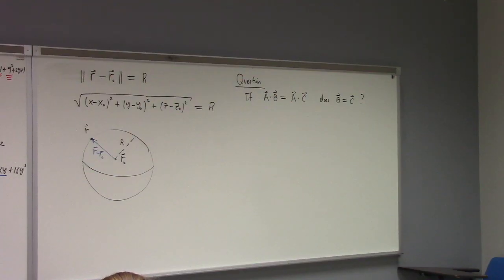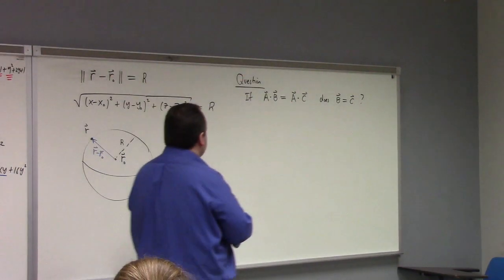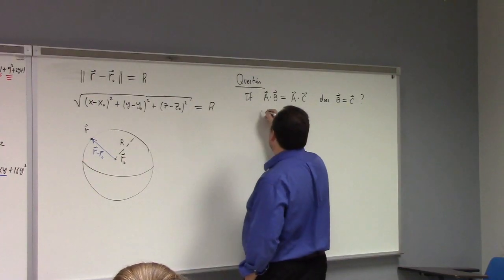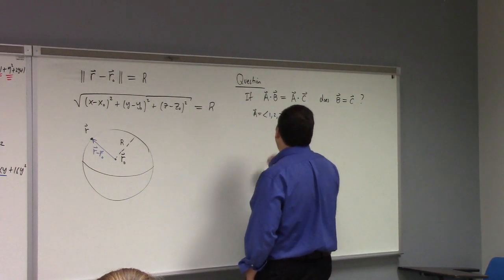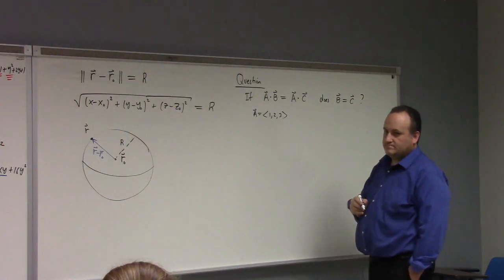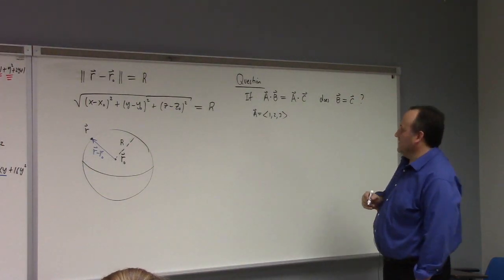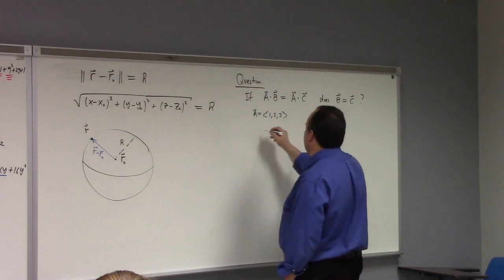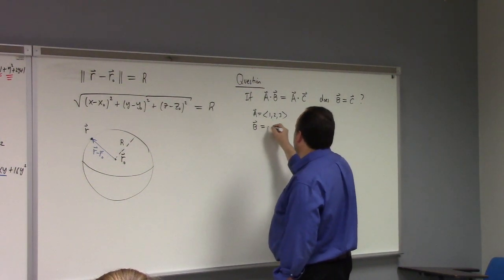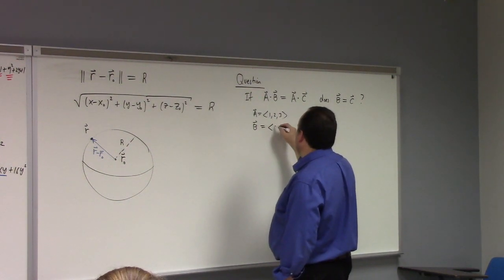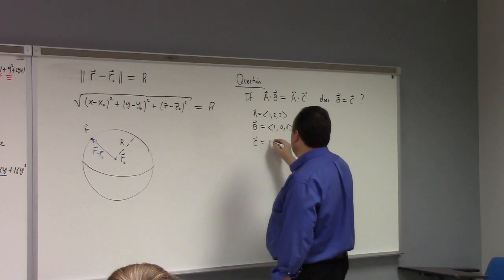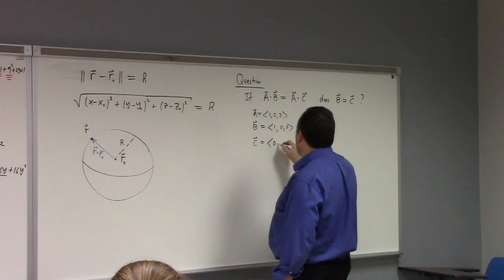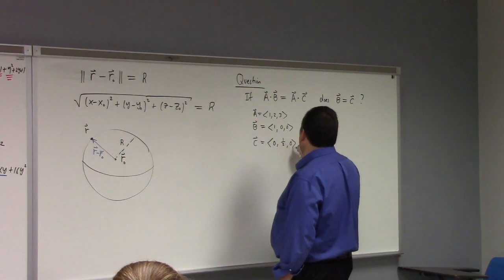Not necessarily. What's your example? I'll give you an A: 1, 2, 3, right? So you could have like B equals, say, 1, 0, 0, and C equals, there are many choices, but how about like 0, 1/2, 0, right?